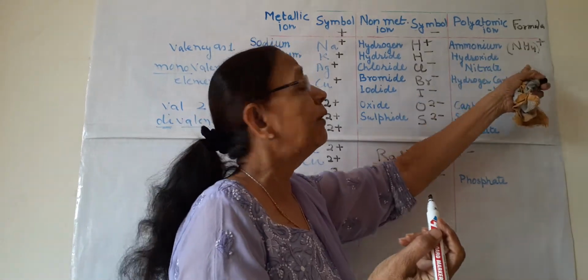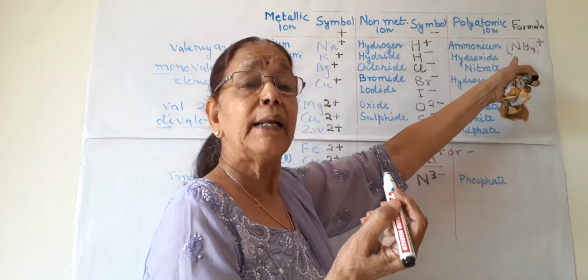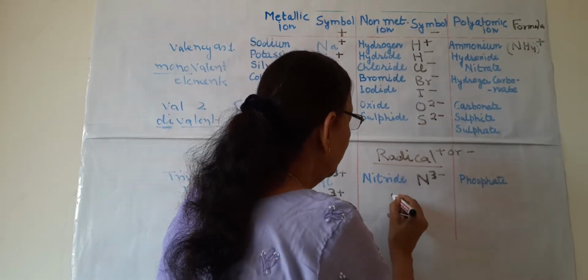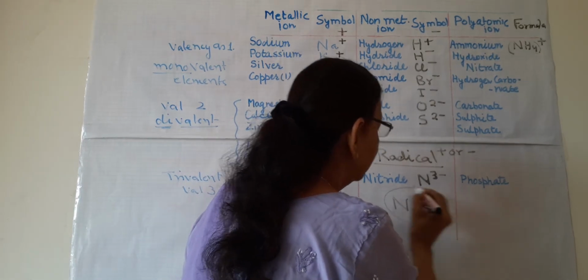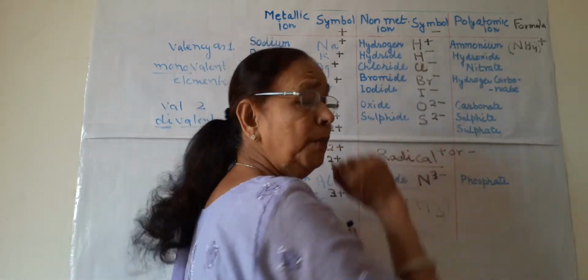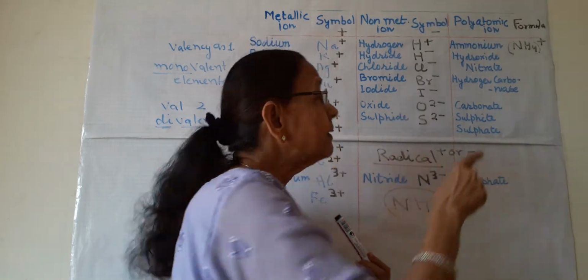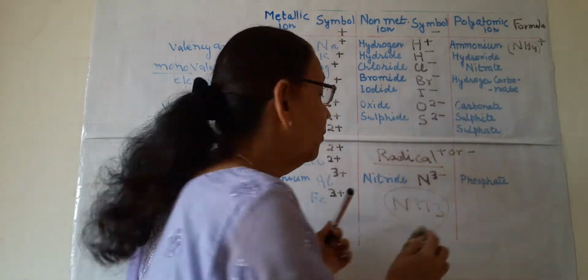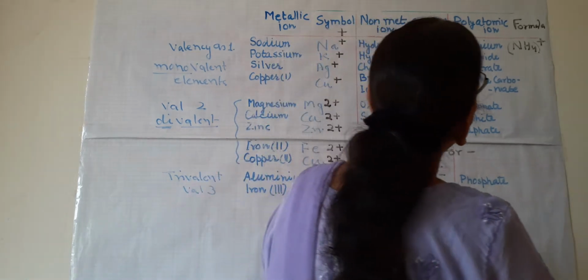Ammonium is a polyatomic ion with plus charge, or a radical. But ammonia is NH3 gas. It is a compound, so it is different from ammonium. NH3 is ammonia gas. NH4 is the ammonium radical.